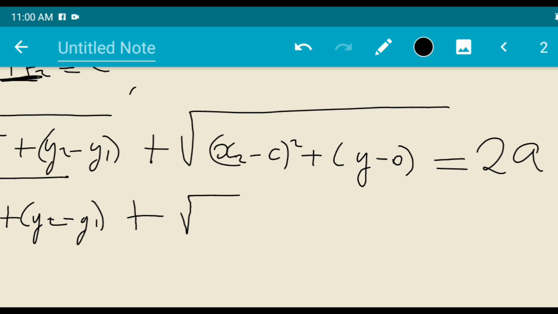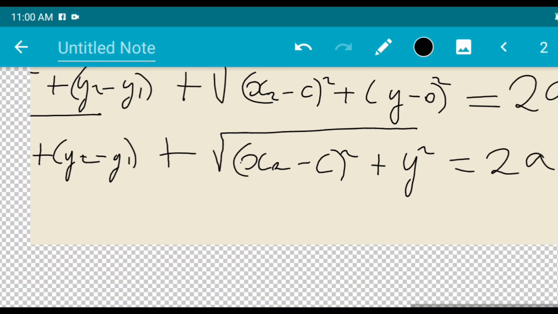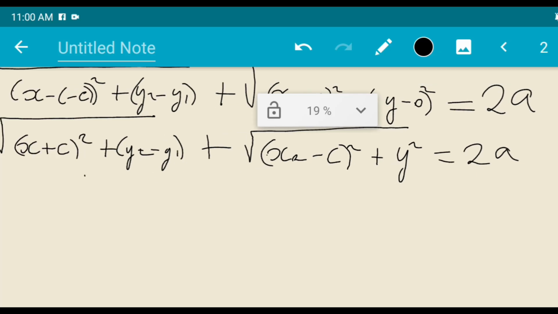So this here will just be a, sorry, and x2 minus c squared plus y squared, we want to put a square there, is equal to 2a.